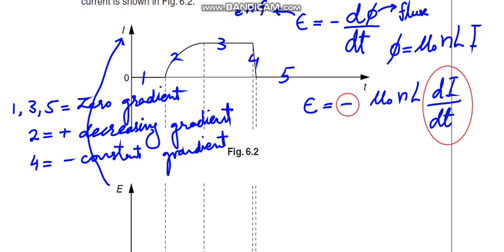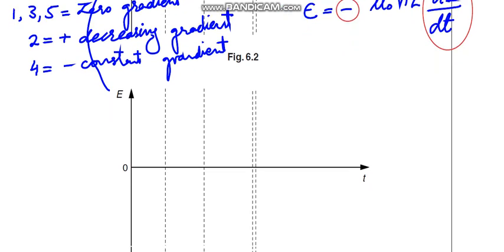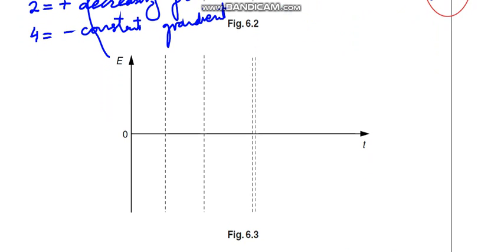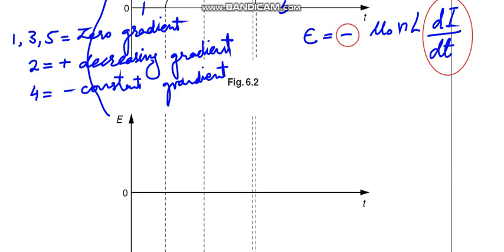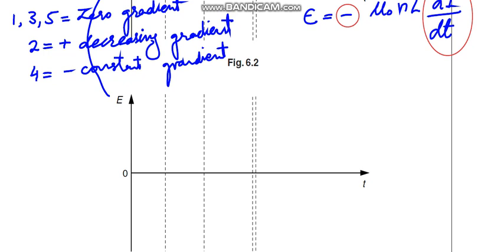So we show these 5 regions on our EMF graph, which is 1, 2, 3, 4 and 5. The regions 1, 3 and 5 have the 0 gradient, that's why 0 EMF induced.